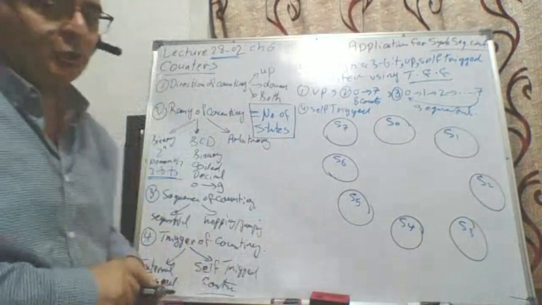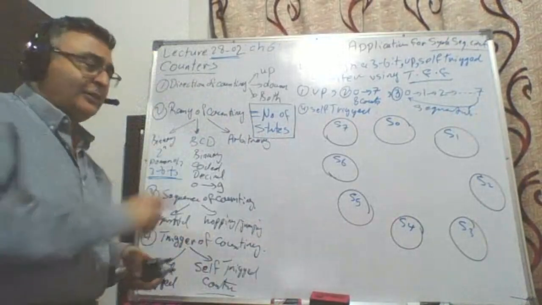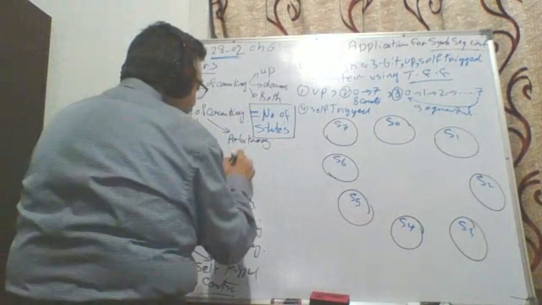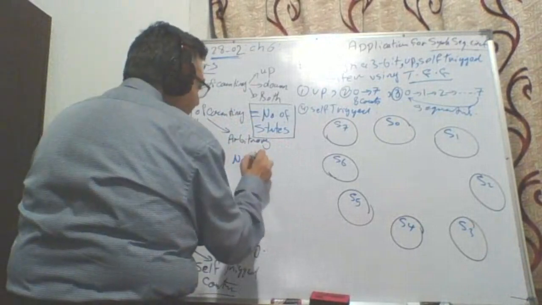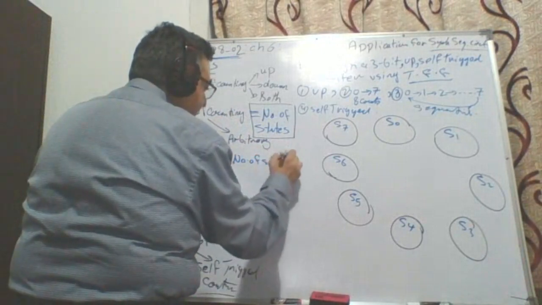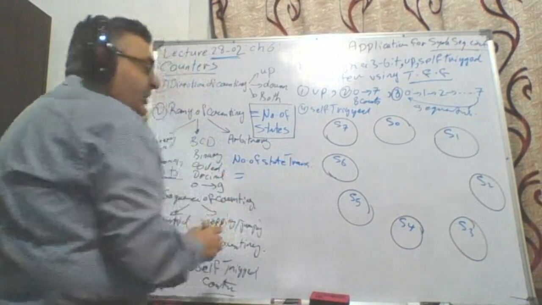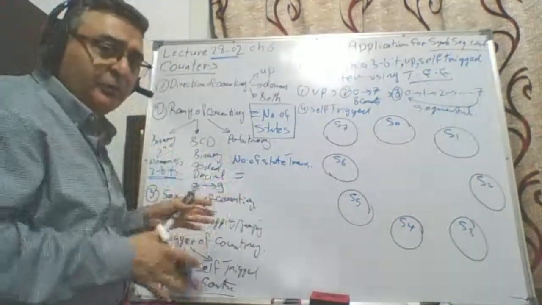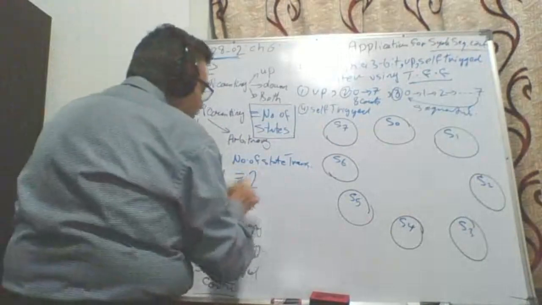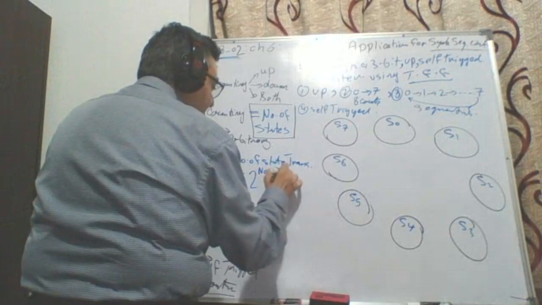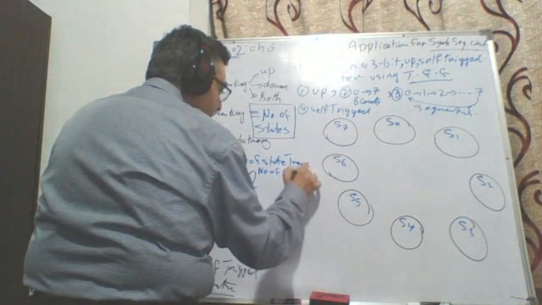The golden rule for the state transitions is that the number of arrows going out from each state equals 2 to the power of the number of external inputs.